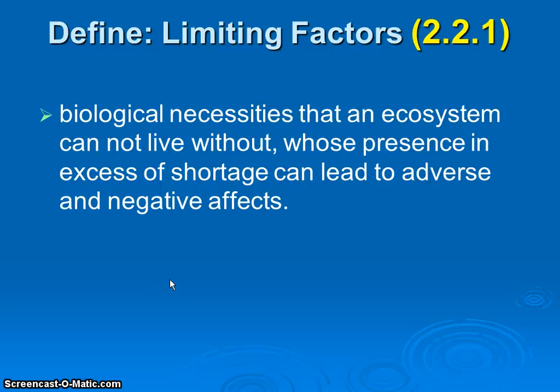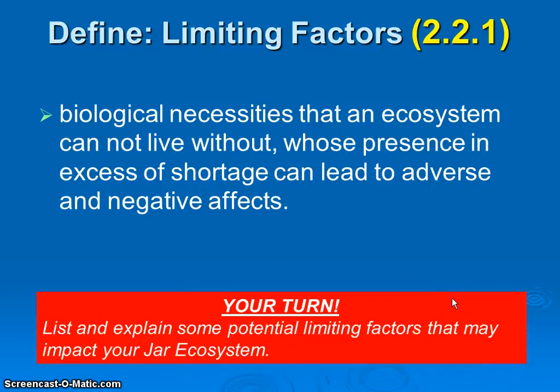What's this really mean? Well, I want you to think about what potentially might be limiting that could negatively affect your future jar ecosystem. Think about, if you're terrestrial, what kind of things might affect the insects or the plants that keep them from having enough different necessities or nutrients.